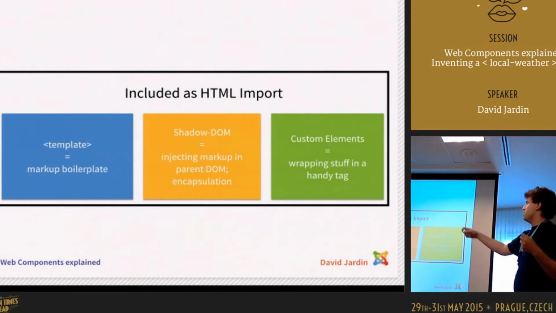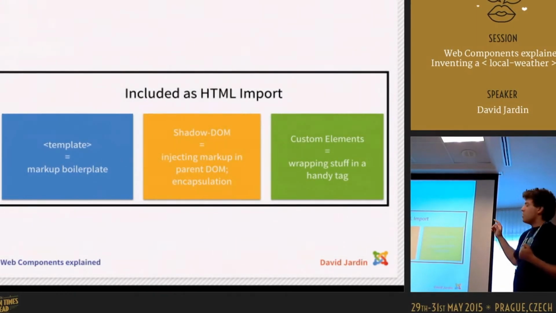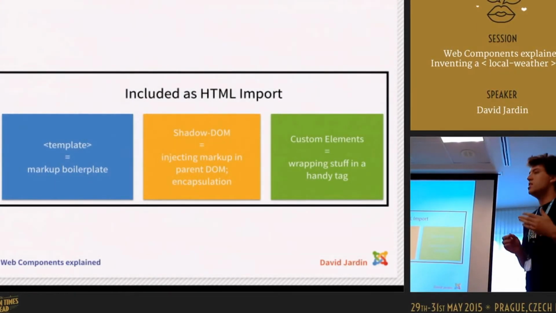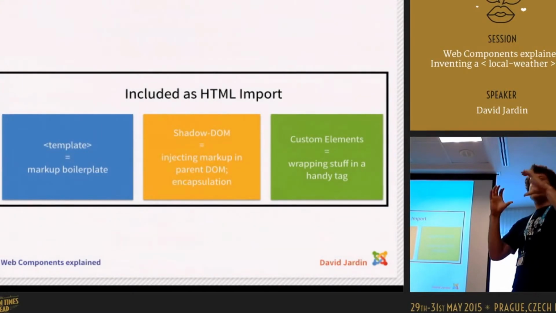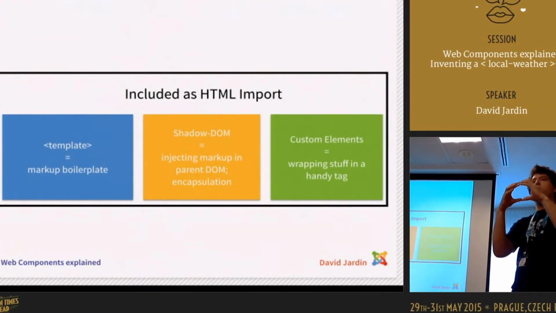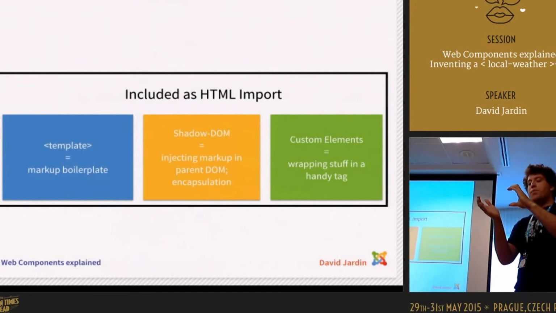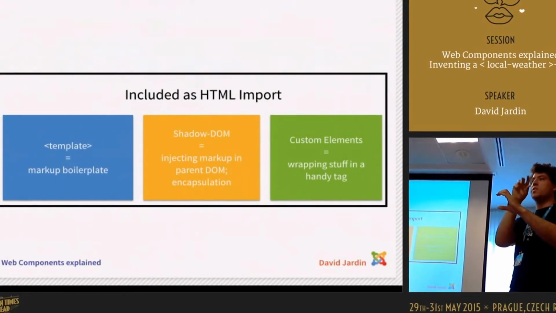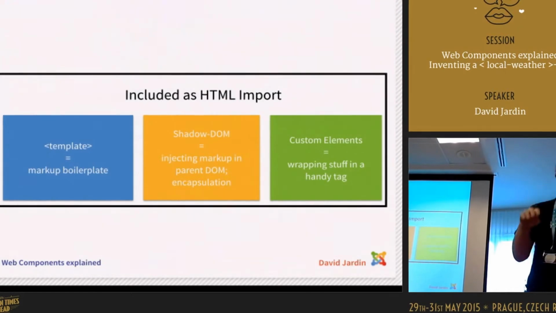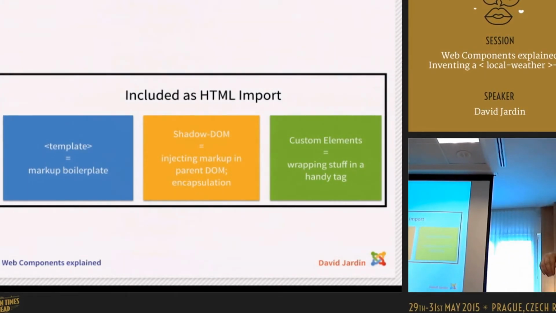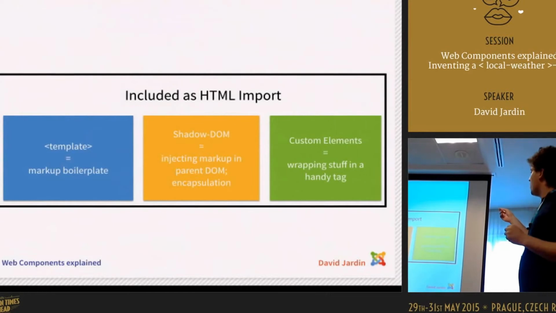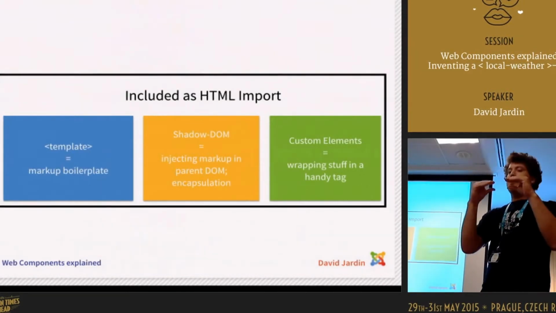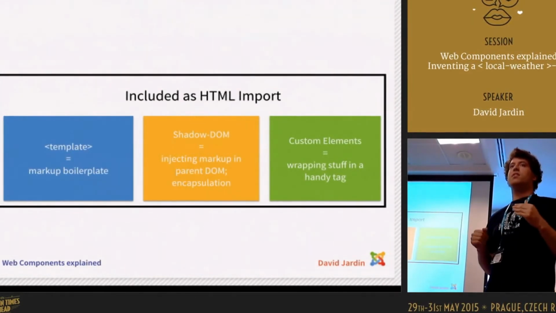So that would be in the template tag. We have the shadow DOM, because that's what we need to hide our widget from our main document, so we don't have all those problems with JavaScript conflicts and CSS overwriting each other. And last but not least, we have those custom elements to put it all in a nice and handy HTML tag.